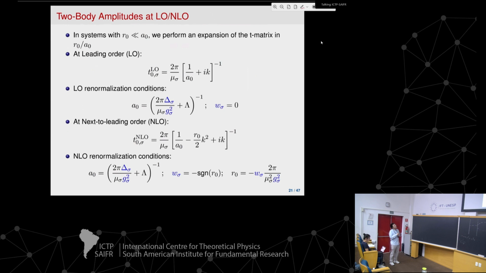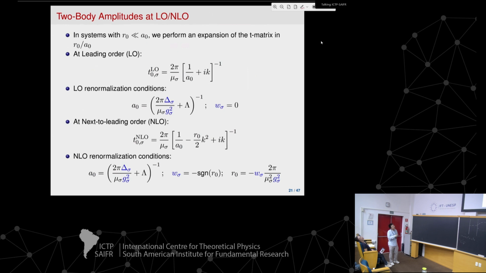We know that if you have a system with a very large scattering length, then R0 is much smaller than A. We can perform an expansion of the T matrix based on this R over A expansion. So at leading order, you just drop these R0 terms. Your T matrix at leading order is parameterized by A0 only. It's related to 1 over A0 plus iK, to the power minus 1.